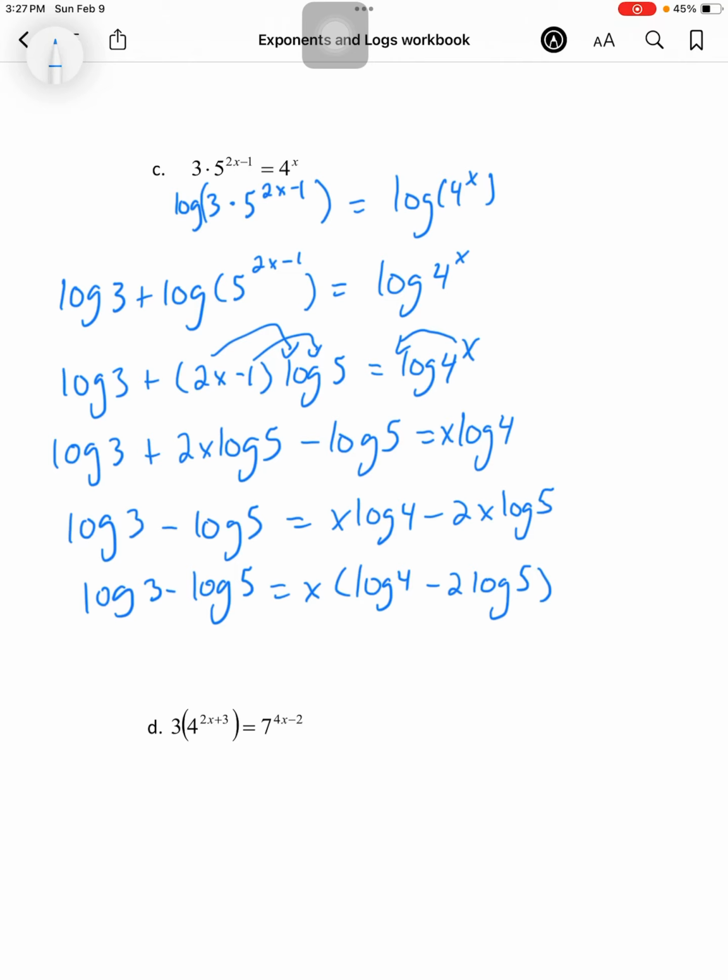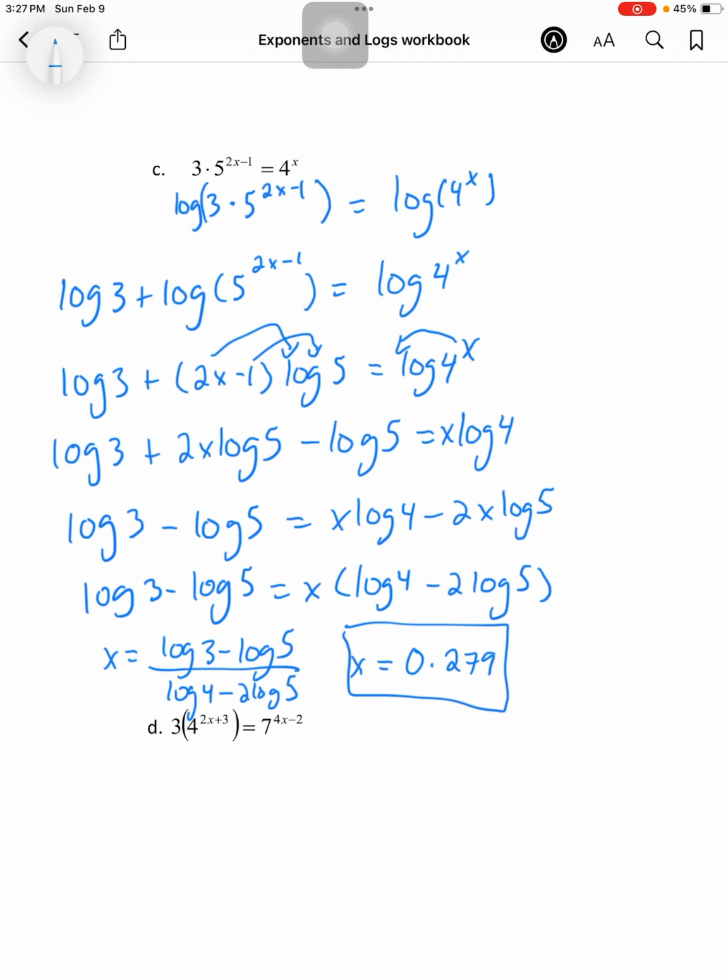So here, we just divide the left side by the whole bracket. So now we have x equals log 3 minus log 5 over log 4 minus 2 log 5, and x equals 0.279. And that's your final answer for this question.